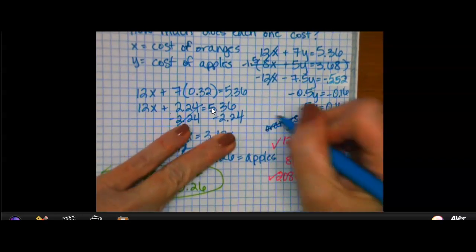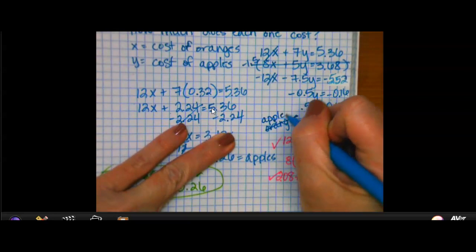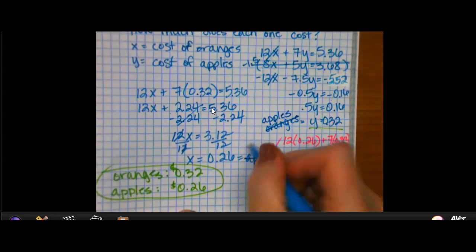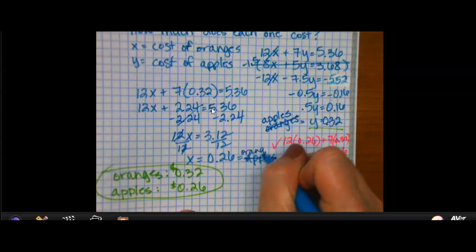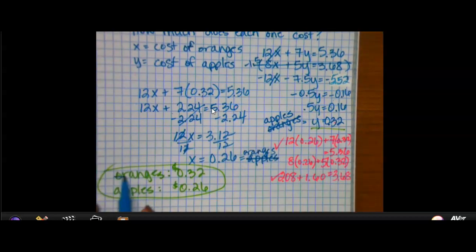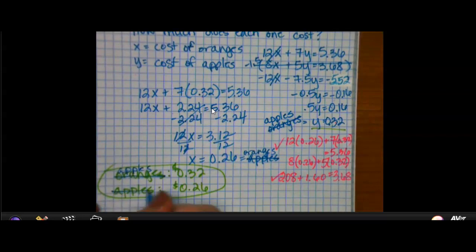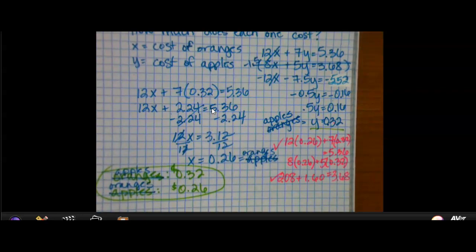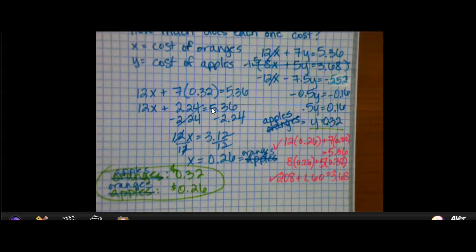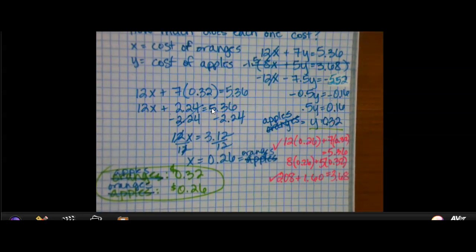So I just had them reversed. Apples. And that means that X is oranges. So down here, apples were 32 cents and oranges were 26 cents. And that is exactly what I came out with on my calculator.